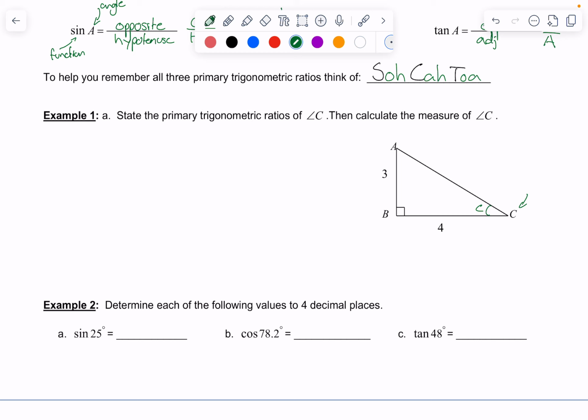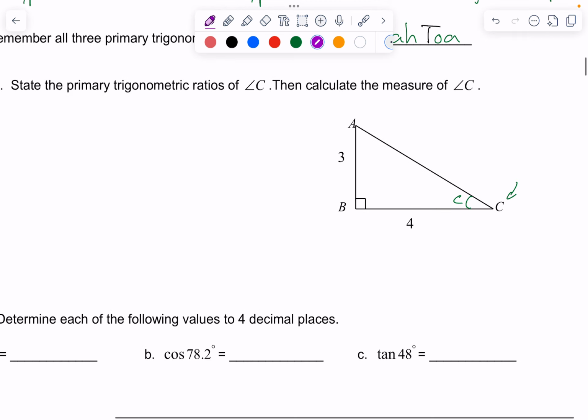So we are setting up our three primary trig ratios for this angle C. Let's figure out what we are given. Across from this 90 degrees here, this has to be our hypotenuse. Clearly we don't know that, there is no measurement there.